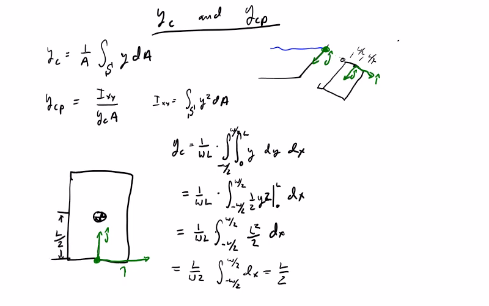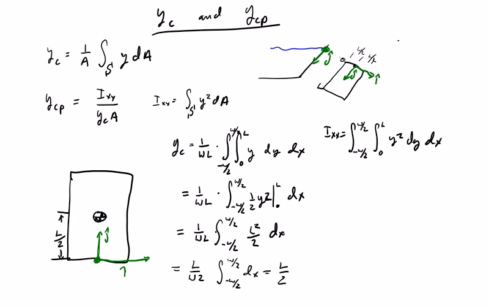Okay? Now, if I wanted to know what the center of pressure was, remember we said that that is IXX over YC times A. So let's just calculate IXX, and then we can plug everything else in. So IXX equals, remember, the integral over the surface, and again, I'm going to write it with the same limits as our centroid, minus w over 2 to w over 2, the integral from 0 to L, y squared dy dx.